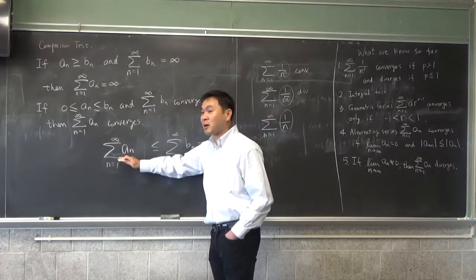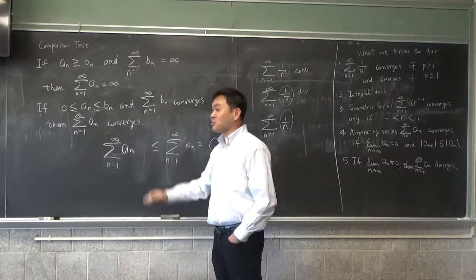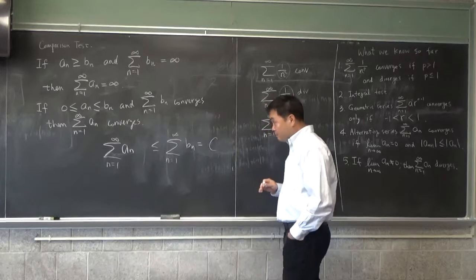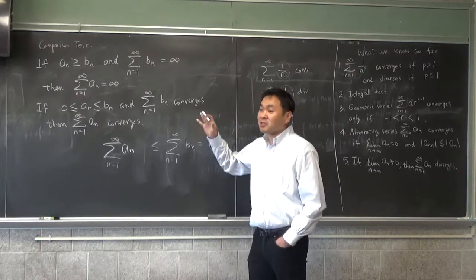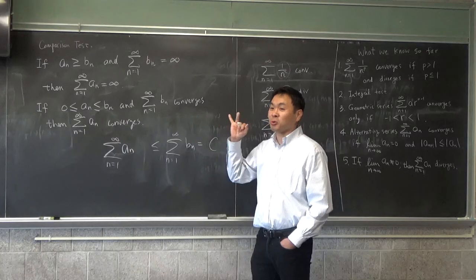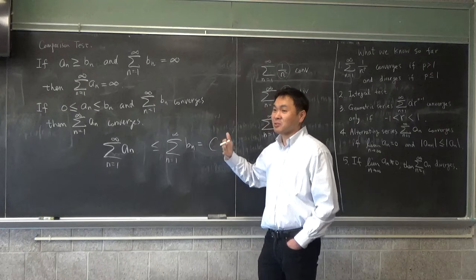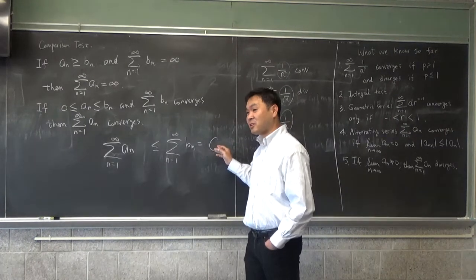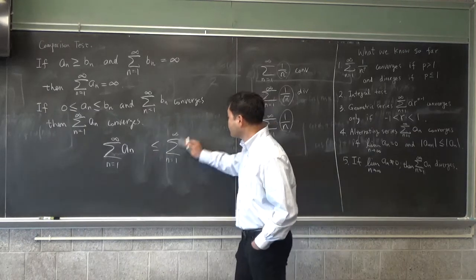And a sum of positive numbers cannot go over c. Then what is it? It must converge to some number before c. If you're adding positive numbers, you have only two choices. Either it goes to infinity, or it stops at some finite number. And because its upper bound is some finite number, this has to be finite. That's the idea.